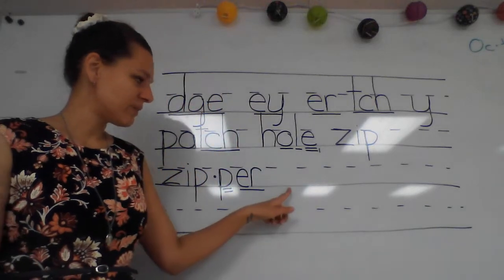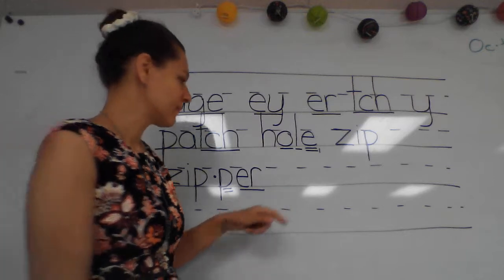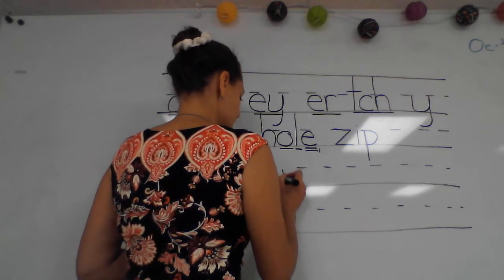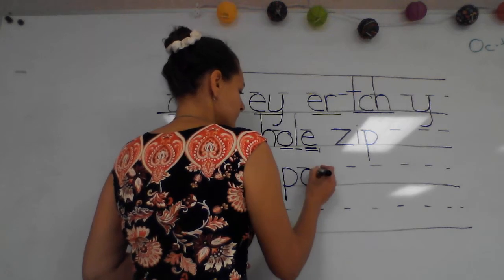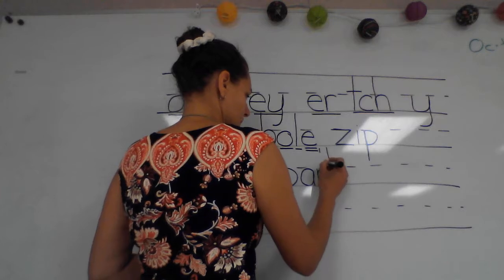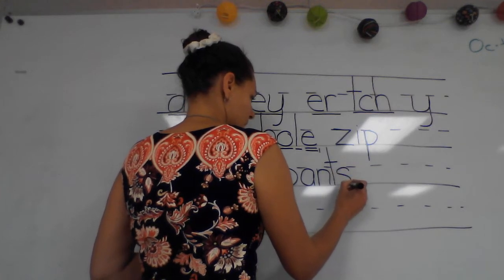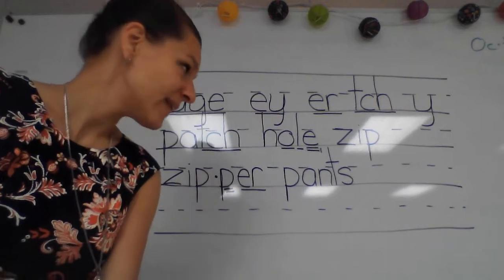All right, class, put your finger under that first phonogram. What does it say? Good. Excellent. All right, make sure yours looks like that.